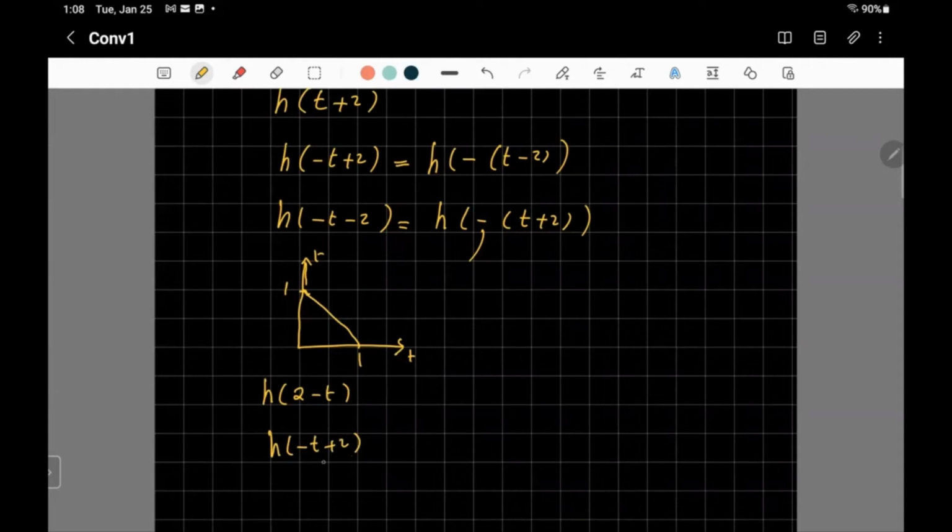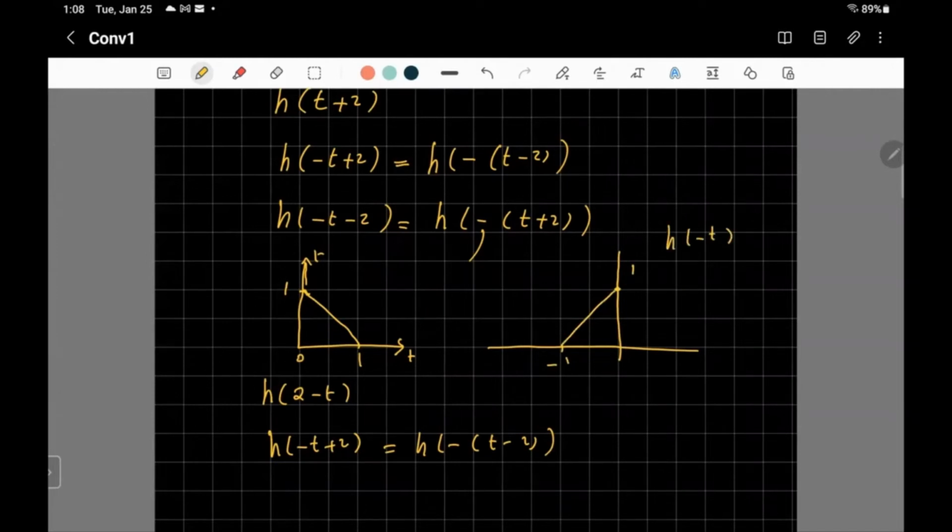It means h minus, and then you have t minus 2. I'm doing the second approach. I will make the inversion first, then I will do the shift. If you make the inversion first, this one will be flipped as a mirror. So 1 will be -1, and this is still the same. You will get this. What is that? That's h of minus t.